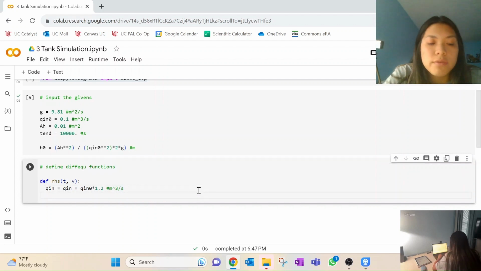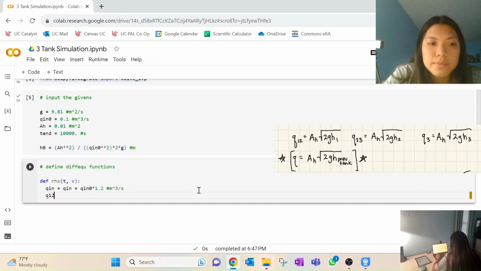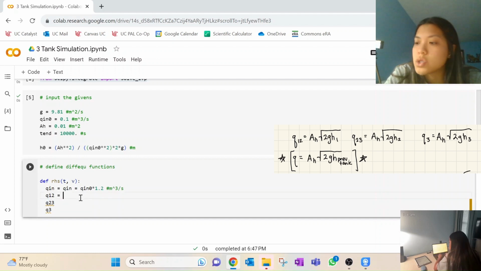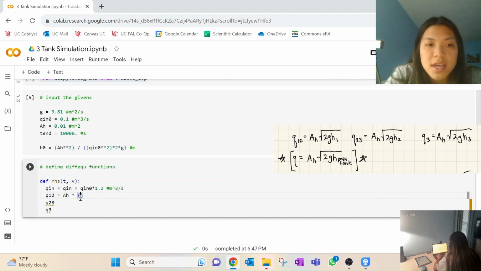And now we're going to code the different flows that we derived. That gives us the flow from tank 1 to tank 2, the flow from tank 2 to tank 3, and the flow from tank 3. So the flow from tank 1 to tank 2 is going to be the area of the hole times the 2 times gravitational constant times the height of tank 1, and this is all to the 1/2 power because it's in a square root.